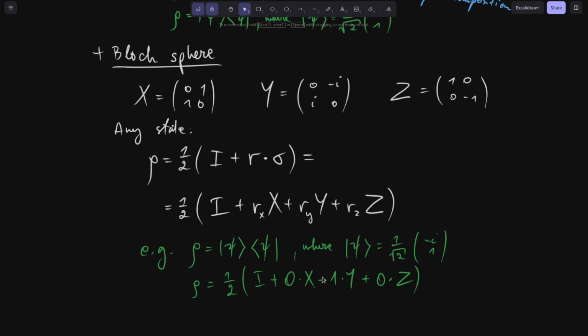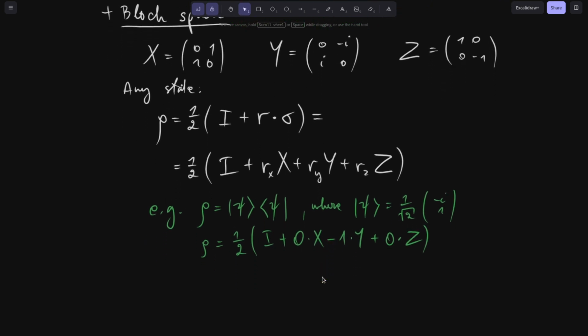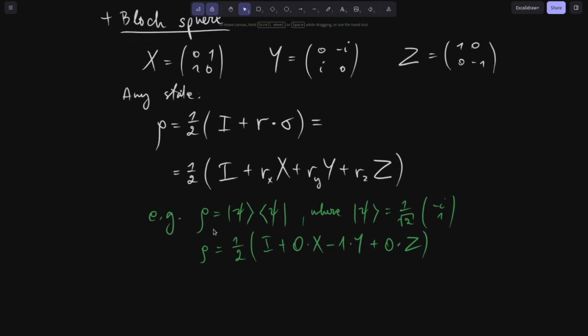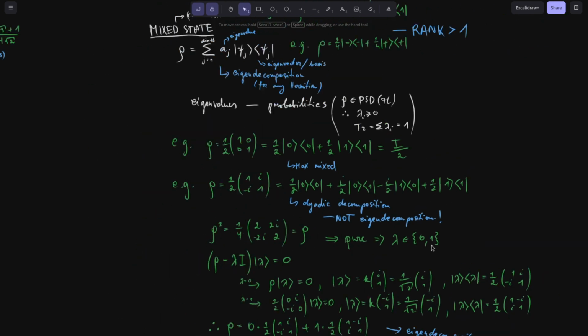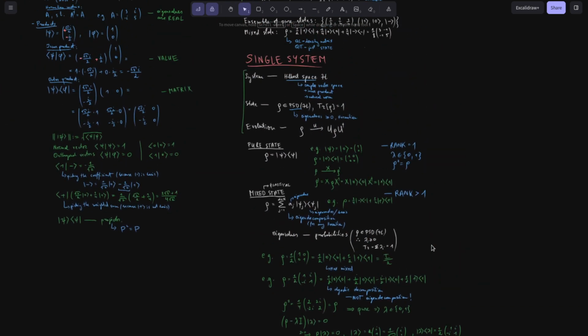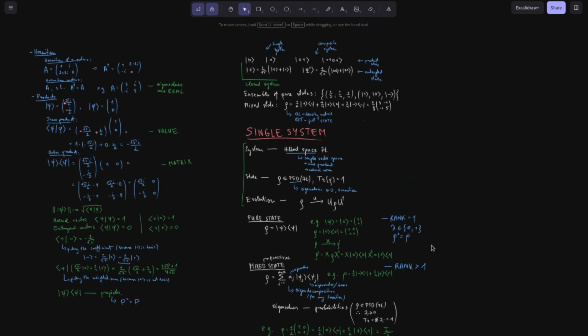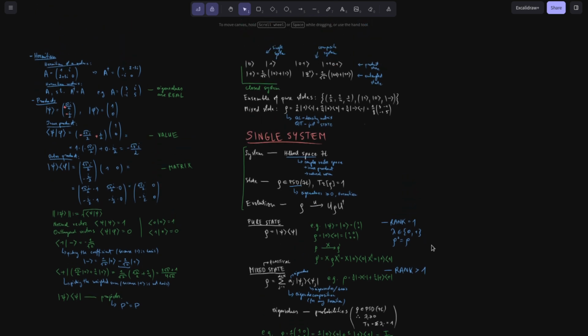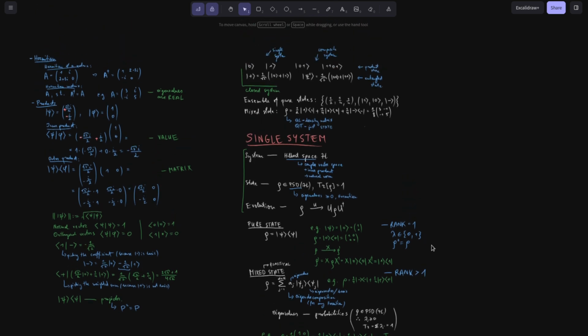No, not necessarily real numbers. Complex numbers could be. For example, this state could be expressed in this form. So yes, that's in general how states work in our new way of expressing them with matrices.